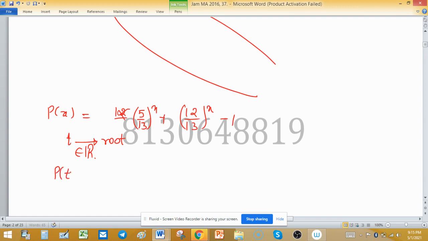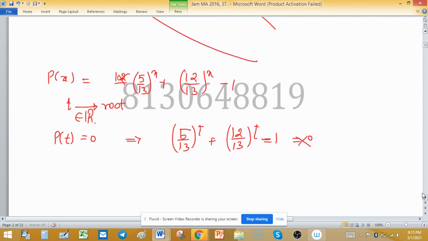So p(t) = 0 implies that (5/13)^t + (12/13)^t − 1 = 0, and taking −1 to the right-hand side, it equals 1. So this is true when t is 2.